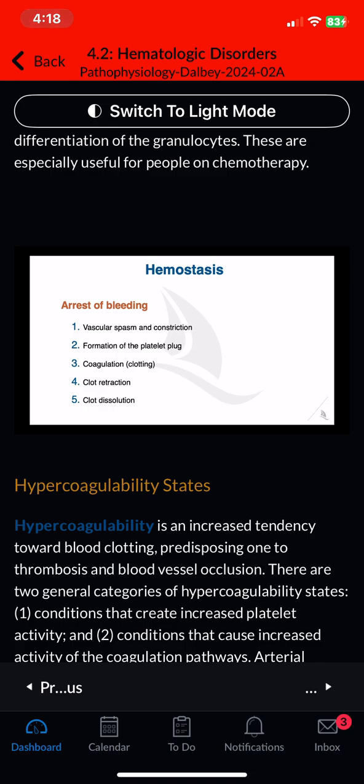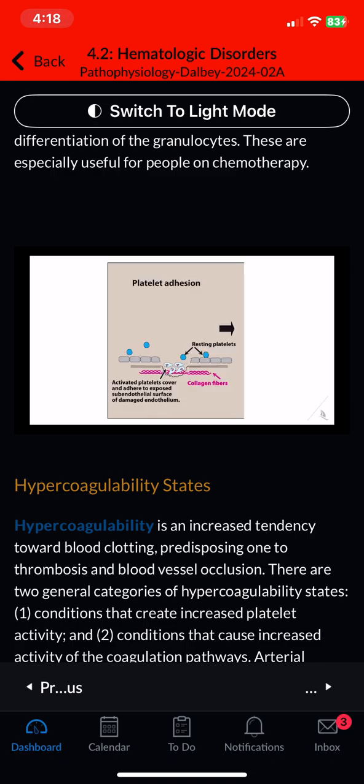After the clot has formed, the next step is clot retraction, which is going to pull the sides of the broken blood vessel closer together. And then the last step is clot dissolution, which is where the clot will start to resolve, and it places a limit on how large the clot is going to build up to. So we'll take a look at each of these steps in a little more detail.